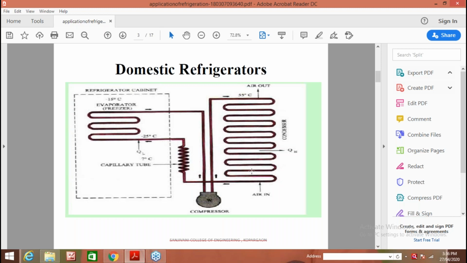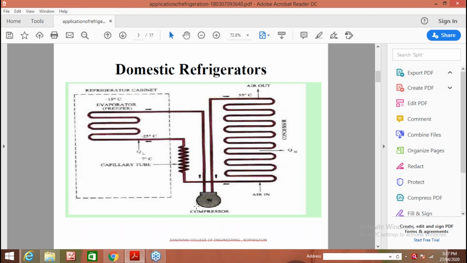Atmospheric air moves over these tubes, taking heat out of the condenser, and inside the condenser the vapor refrigerant becomes liquid refrigerant. Understood? This condenser is placed behind the refrigerator and is made up of copper tubes.